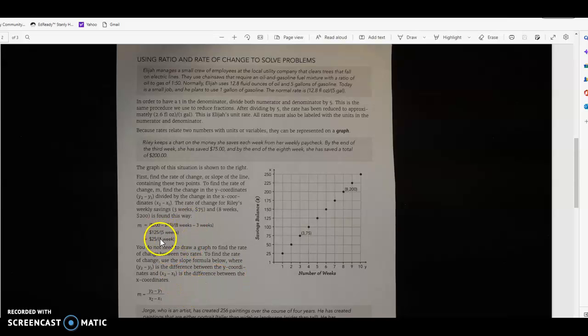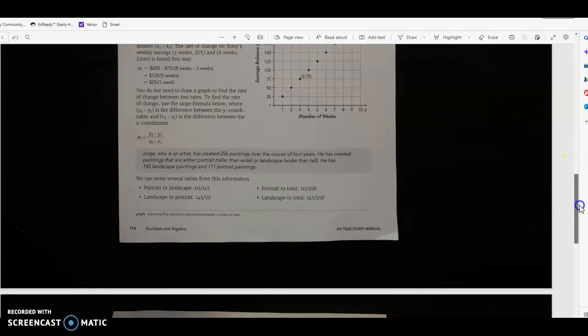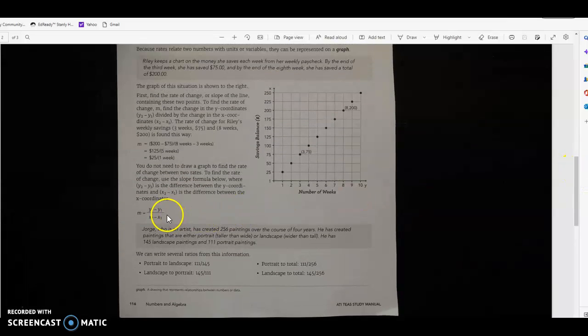And so we do that by taking 125 divided by 5, we get 25 over 1 week. So our slope formula below, which is y2 minus y1 over x2 minus x1, is the example you would use to find the rate of change.